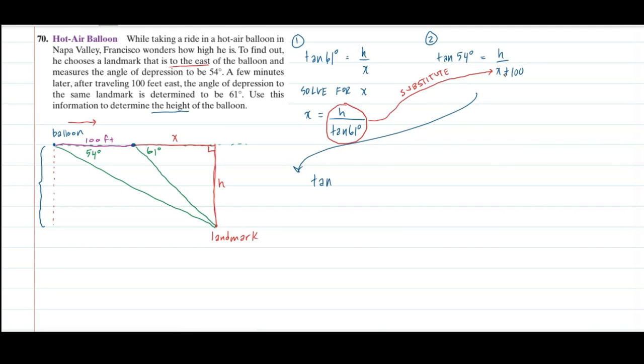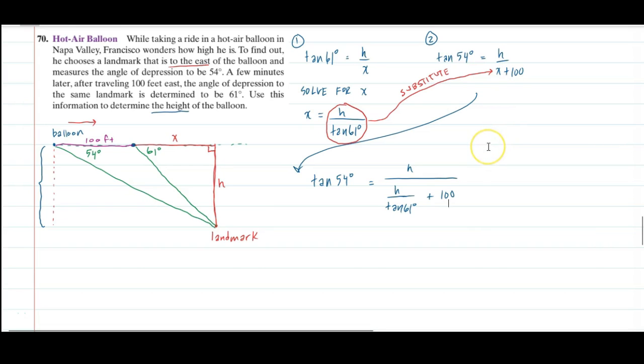We have tan of 54 degrees is equal to h divided by h over tan 61 degrees, add 100 to it. Now this looks like a beast of an equation to solve.